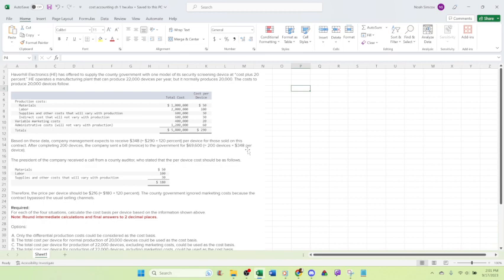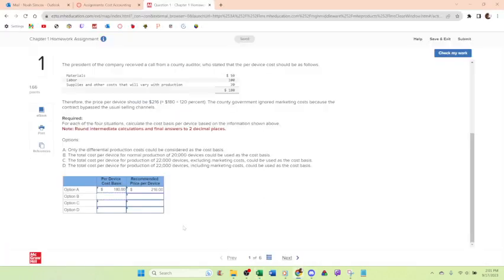Do I have to consider this as 20,000 or 22,000? They already gave us B as well. So 290 and 348. They literally already gave us those two. So maybe I didn't need an Excel spreadsheet. But I mean, probably for the other ones.